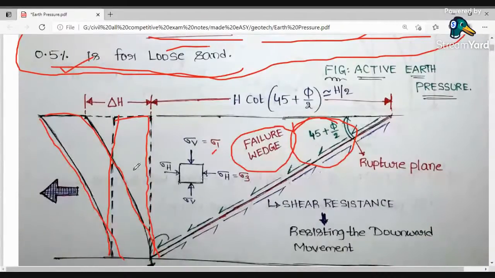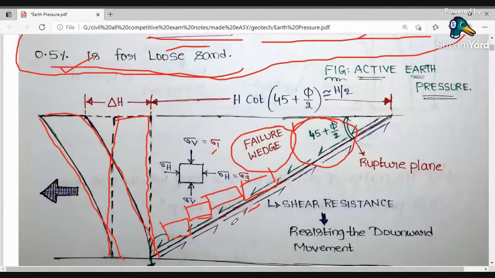So what happens here with the wall? Along this particular wall, the soil particles behave as a wedge. Some soil particles behave as a wedge, and the shear strength of that particular wedge becomes zero, and these have a tendency to fail along with the wall, right?